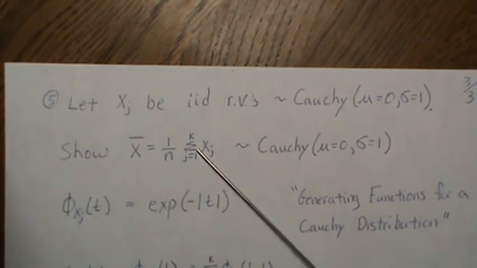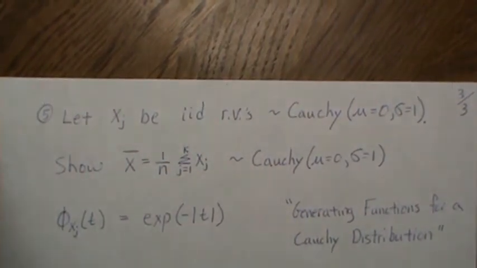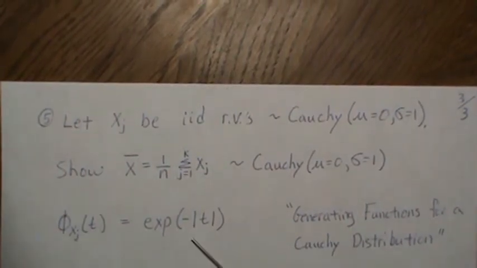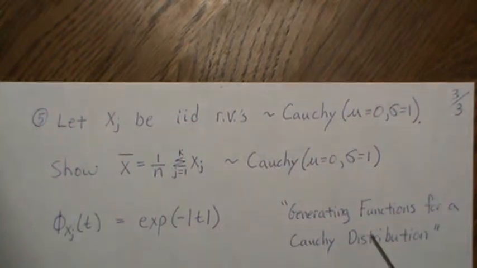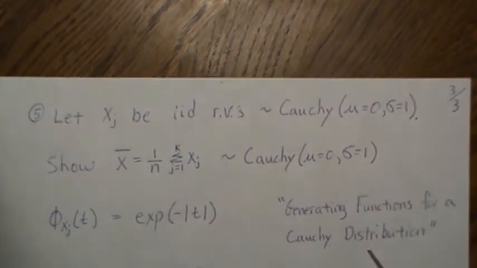So this would be tough without the characteristic functions. So this is the characteristic function for a Cauchy distribution, and again I derive it in another video. Actually, I reference it, and then this video references another video I have that derives that. So you have to go back twice.